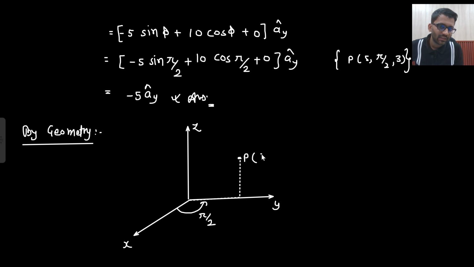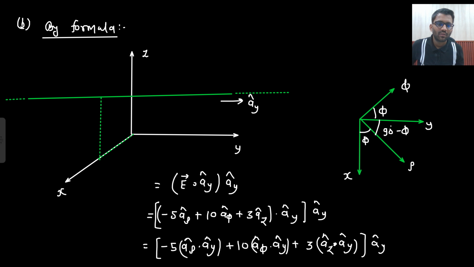Point P is 5, pi by 2, 3. What will be the direction of rho? How do we calculate the direction of rho?